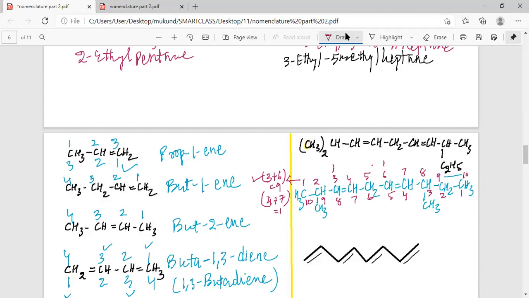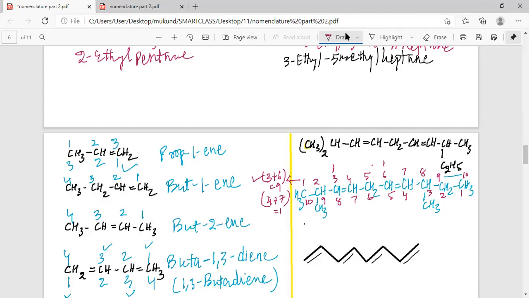Then on the second carbon we have methyl, on the eighth carbon we have methyl. If we write it this way, this is the correct way. So the name, my dear student, is: total 10 carbons, so it's a decane. It's a decane where you have double bonds on the third and sixth carbon, so a diyne, and then you have a methyl group present on the second carbon as well as the eighth carbon.